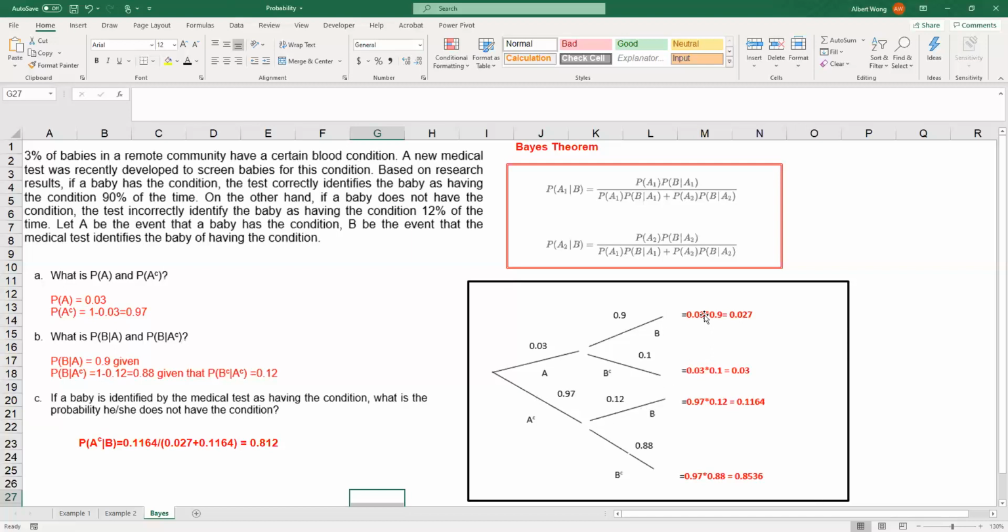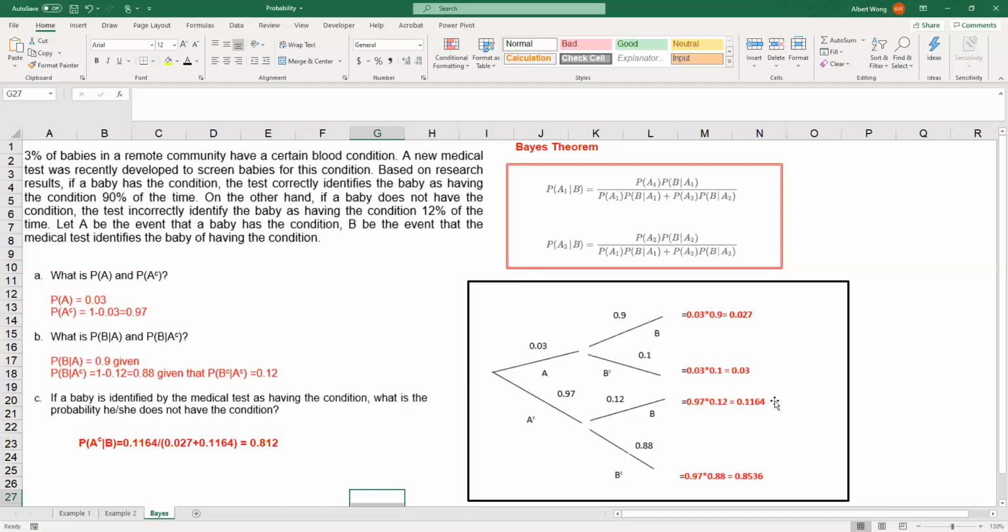And the probabilities for these two branches are 0.027 and 0.1164. So we're going to focus on these two probabilities. Out of these, which one would tell us the baby in fact has no condition? Well, this branch, right? Because this branch goes back to A complement, which says the baby has no condition.